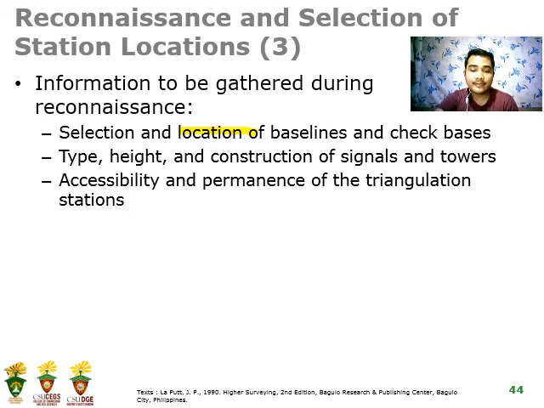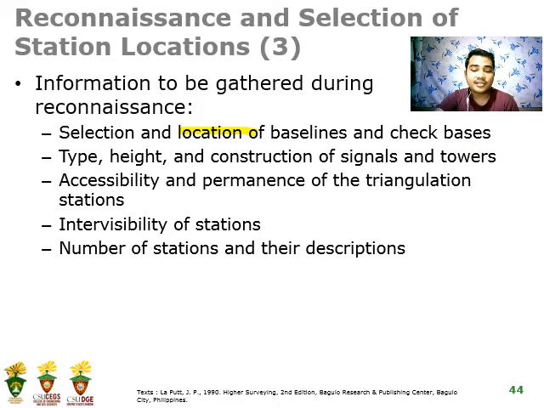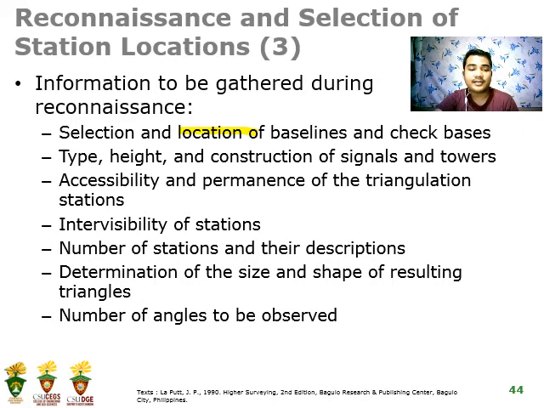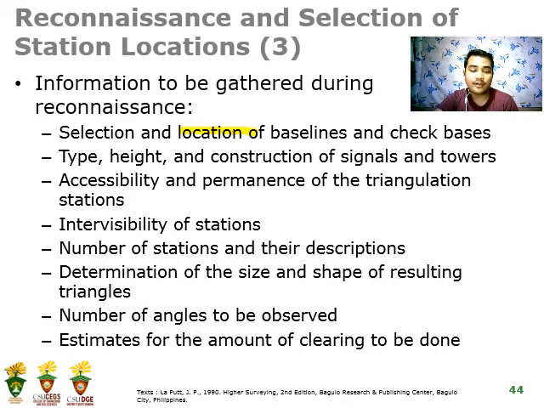Also accessibility and permanence of the triangulation stations, intervisibility of course, and the number of stations and their descriptions. Next is the determination of size and shape of the resulting triangles, and the number of angles to be observed. These are what we need to obtain. And lastly, the estimates for the amount of clearing to be done, if the stations are not intervisible, so the two stations become intervisible.